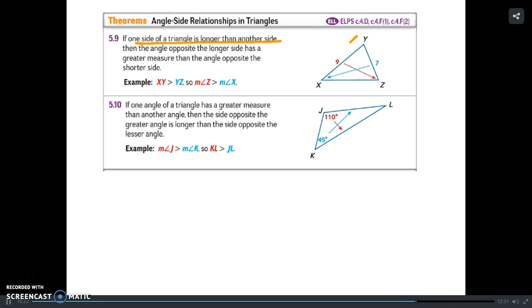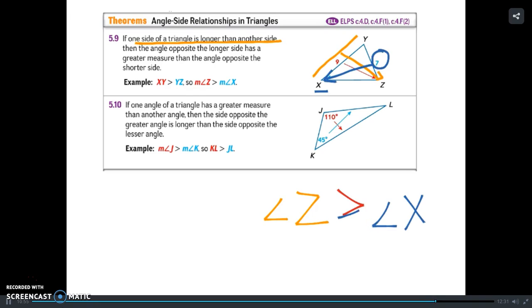So for their example here, this side is 9 units long, and this angle Z is across from that 9 unit long side. And 9 is larger than 7. So we know that angle Z has to be greater than angle X, because this side is 7 units long, the angle across from it is angle X, and so angle X has to be smaller than angle Z.